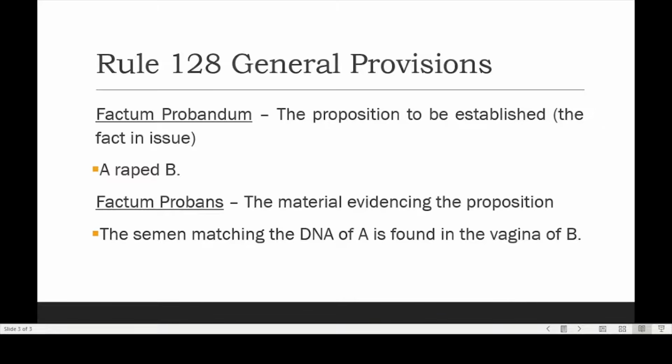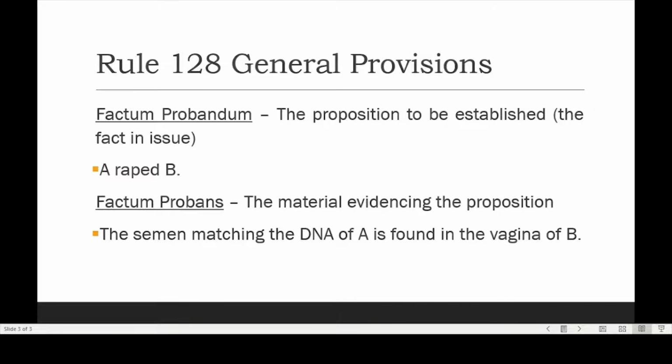So for example, in a rape case, the prosecution, where we criminologists belong, wants to establish or has a proposition that A raped B. So that is the factum probandum.